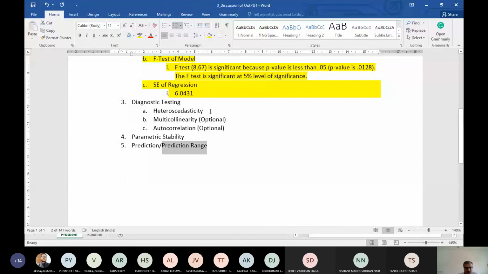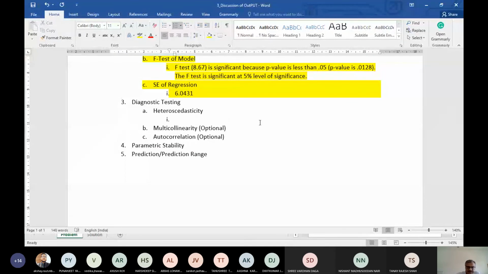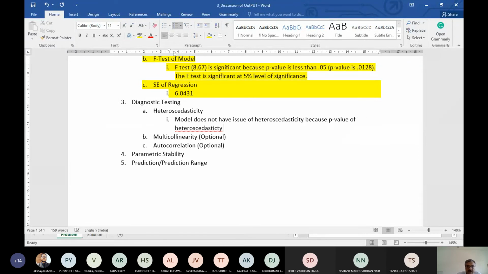As we have reported here in the output, we will write: the model does not have the issue of heteroscedasticity because the p-value of the heteroscedasticity hypothesis testing is insignificant. And that's it.